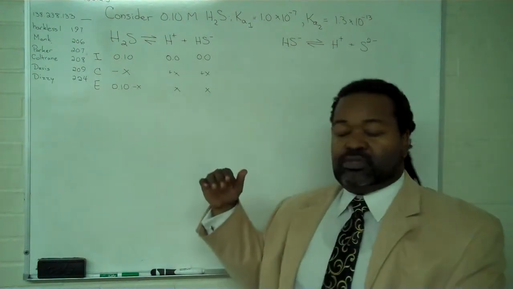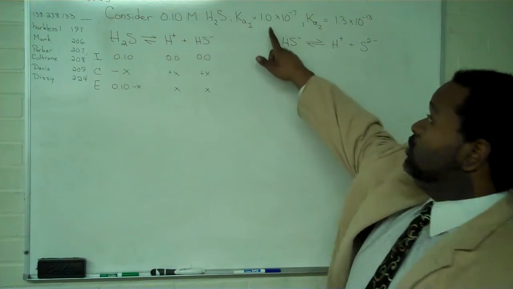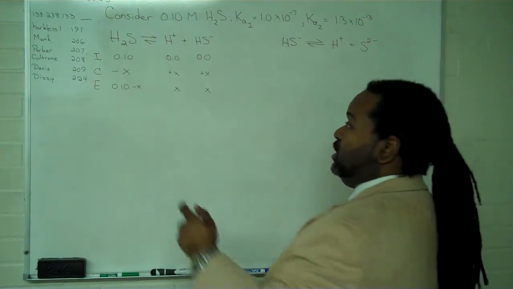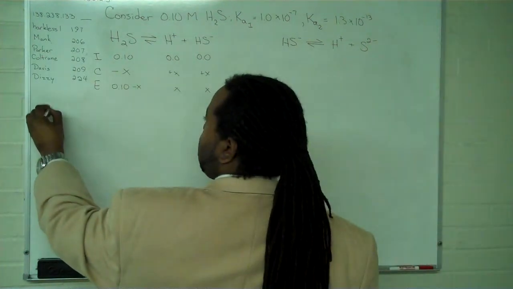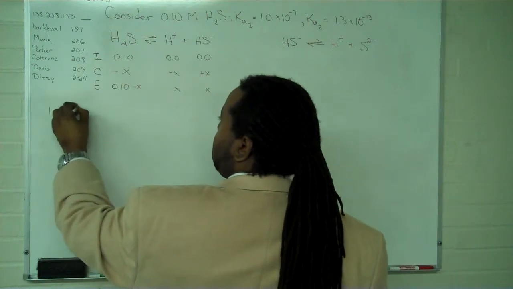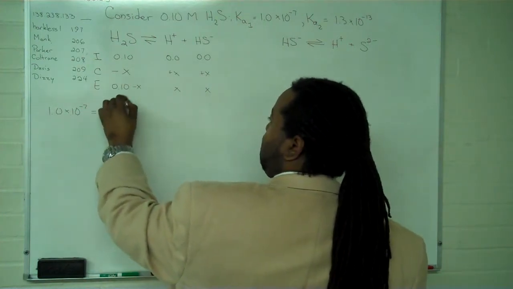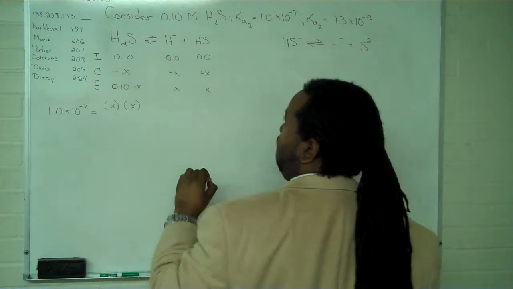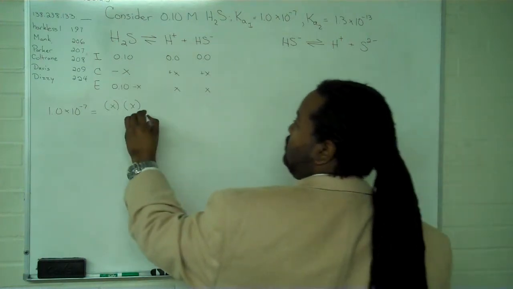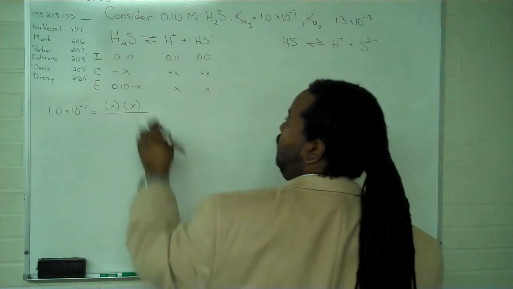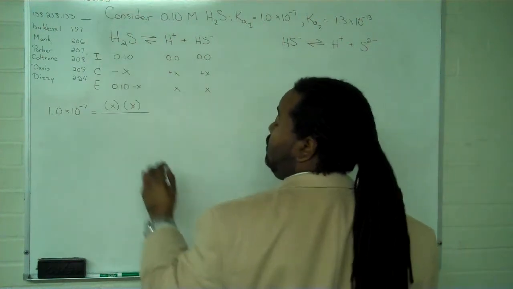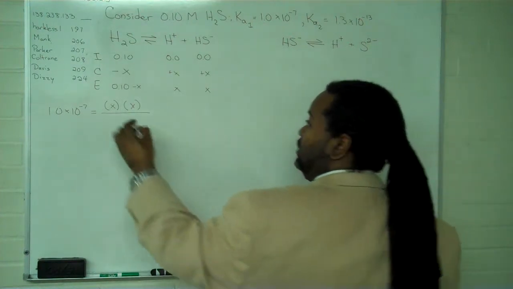Now, for this one, since this is the first dissociation, we'll use the first Ka, Ka1. So that's 1 times 10 to the minus 7 equals the hydrogen ion concentration times the HS minus ion concentration divided by the concentration of our undissociated hydrogen sulfide.